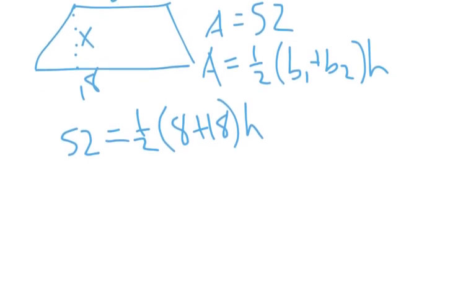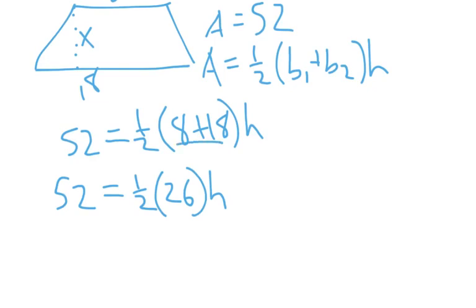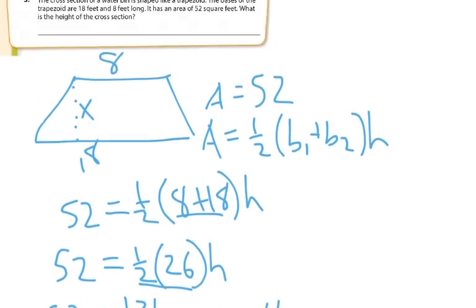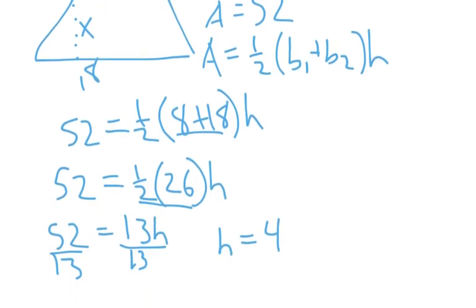And then let's see here, so 52 is equal to 1/2 times 26 times our height. And keep in order of operations, you gotta do that first. And now we can do this. So 52 is equal to 13h, divided by 13, divided by 13. h equals 4. And then go back, what's the unit? We're talking about feet, so 4 feet.